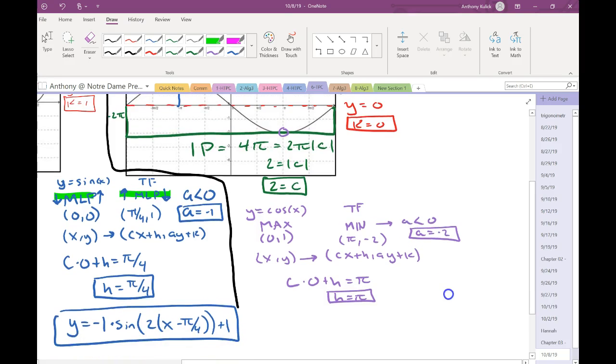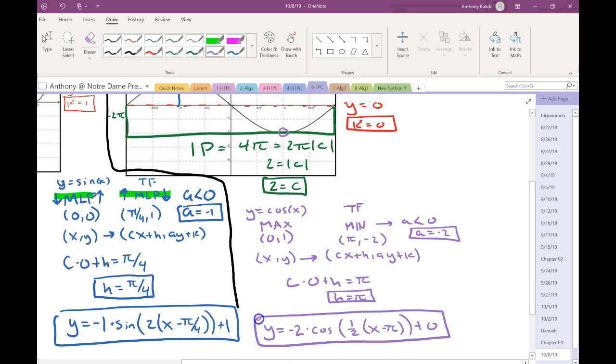And now I have everything that I need to write my cosine function: negative 2 times cosine of 1/2 x minus pi plus 0. Is everybody okay there?